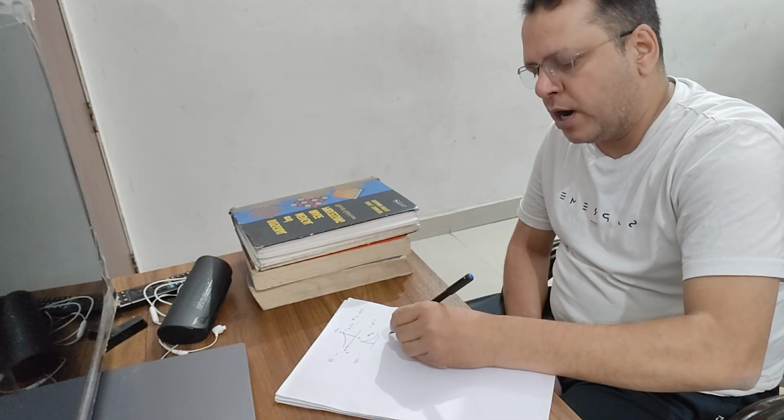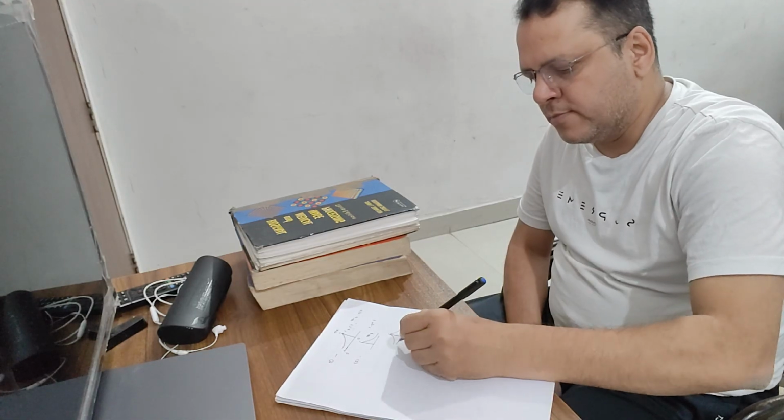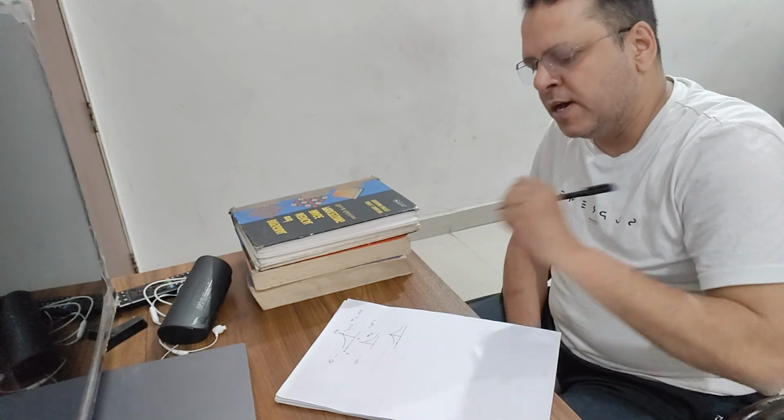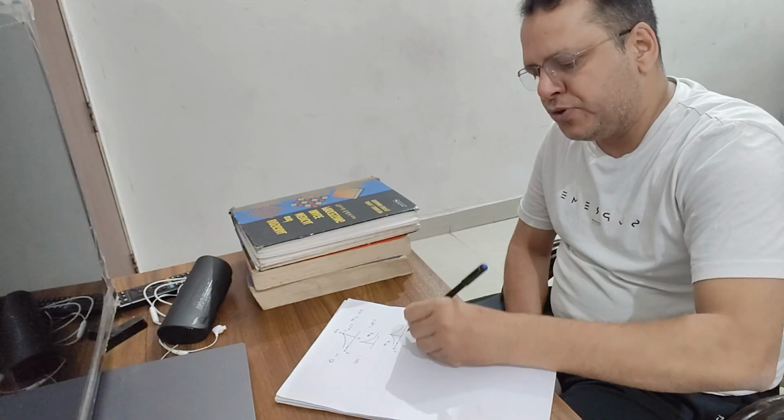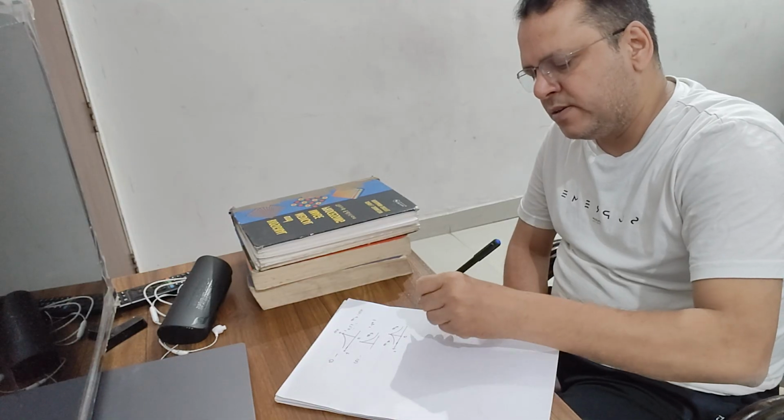If I add these two, 1 and 2, I will get a pulse like this. This is e power minus at for t greater than equal to 0 and equal to e power at for t less than 0.